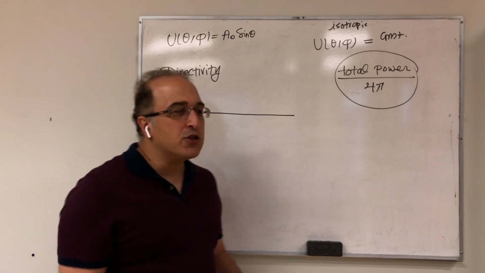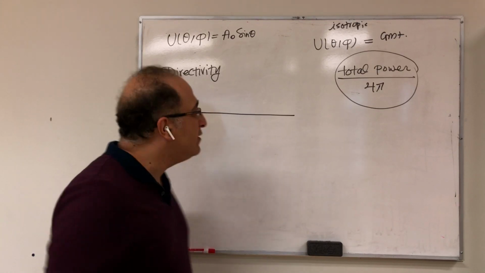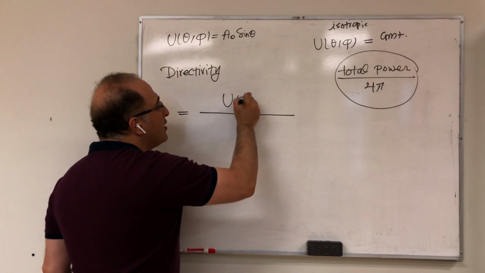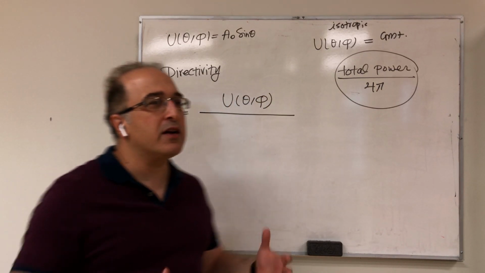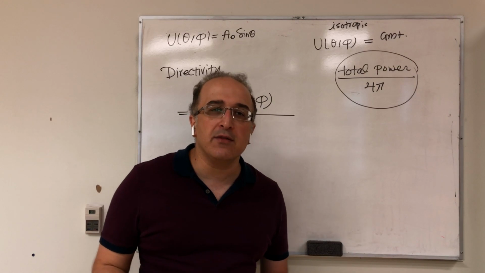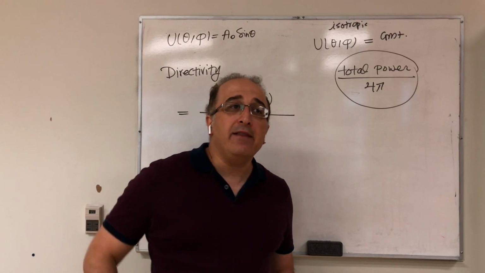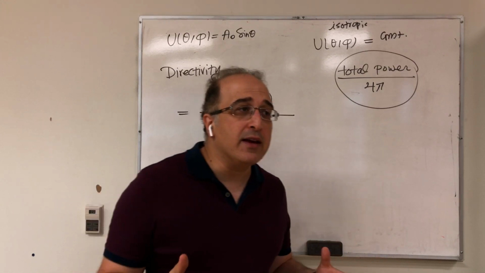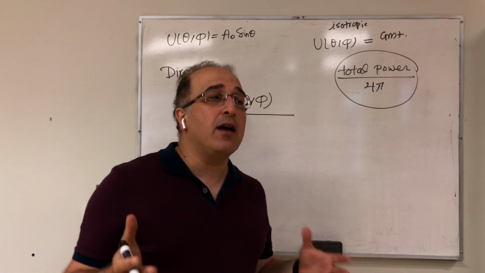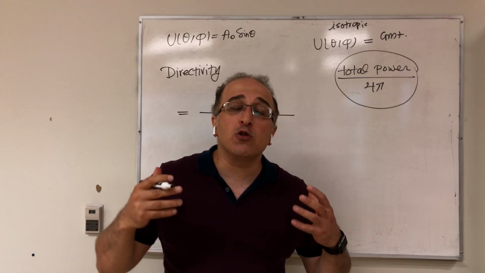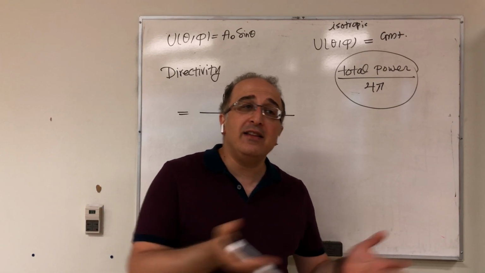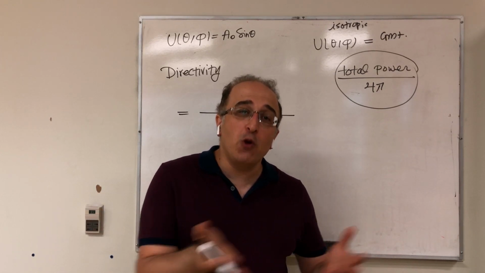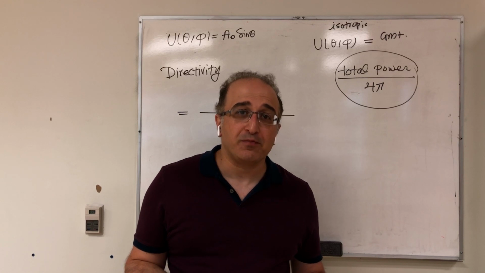You compare the u(theta, phi) of your antenna with the u(theta, phi) of an isotropic antenna, assuming that the isotropic antenna is radiating the same amount of power that your antenna is radiating.